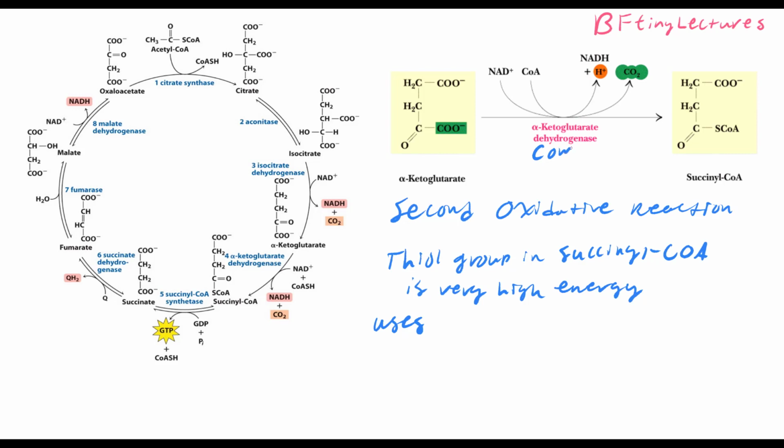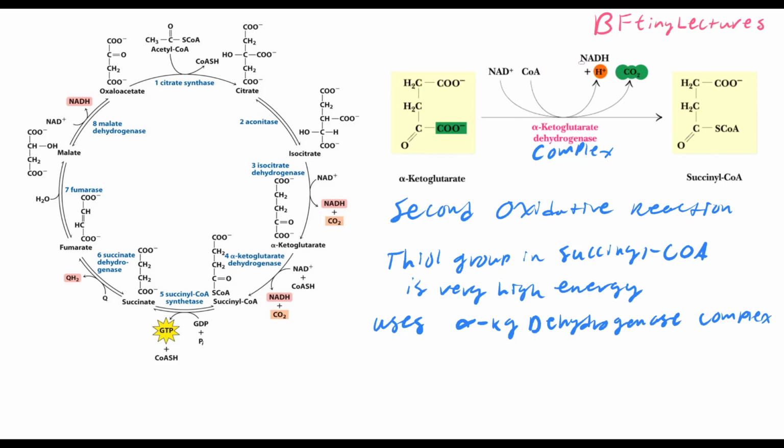Technically, it's a complex. So we're just going to call this the alpha-ketoglutarate dehydrogenase complex. Again, that's just a family of enzymes. That's essentially all you need to know. We're just adding a thiol group to this molecule, and that allows it to give energy easily.